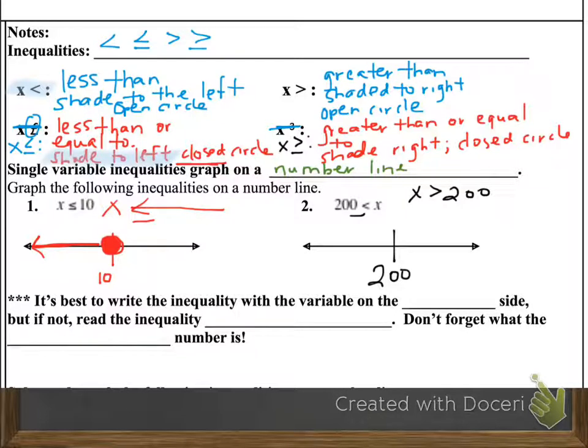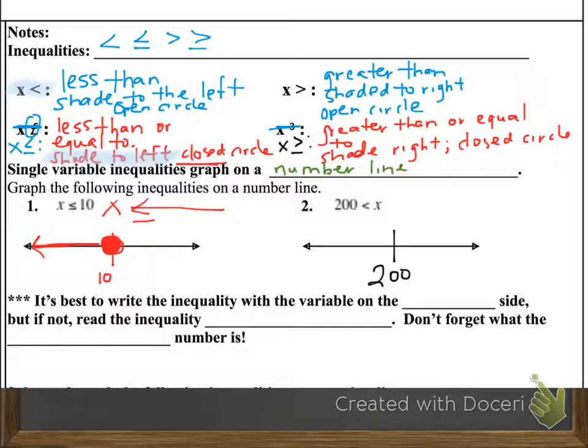So there's 200. Let's say I don't want to rewrite this, or I forget the trick that I just told you about the arrow pointing. When you read this, you can say 200 is less than x, or x is greater than 200. You can still read it backwards in terms of x. So if x, the unknown number, is greater than 200, look at my 200. What numbers on a number line are going to be greater than 200? Is it this way?